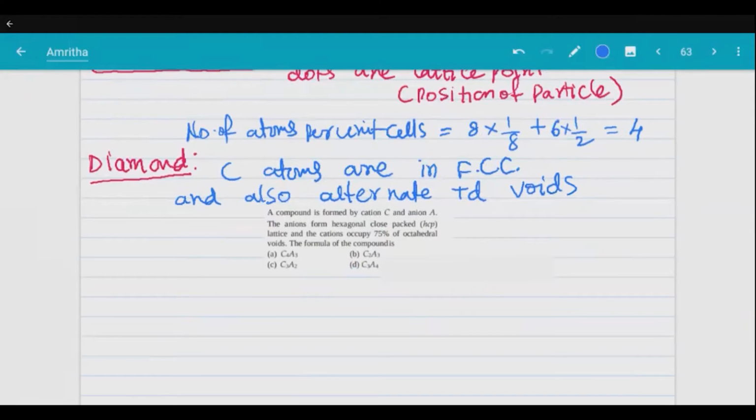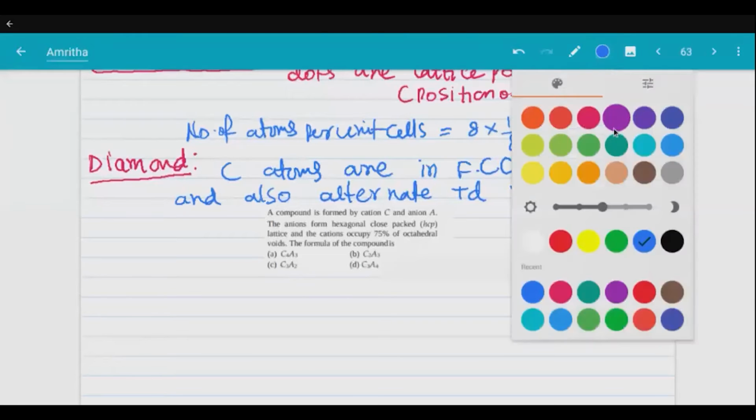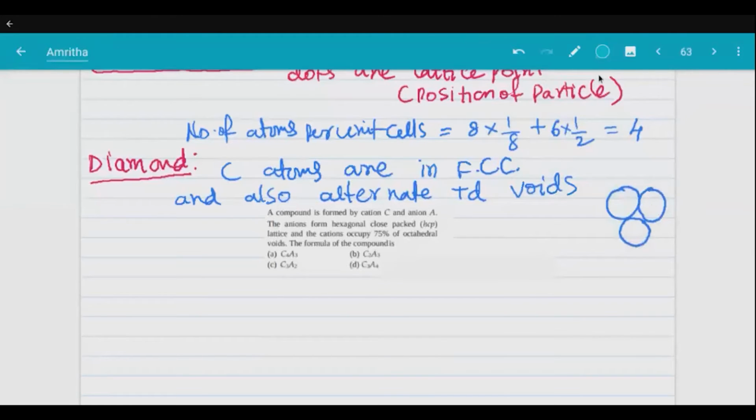For simple calculation purposes, see, if you place atoms like this, these 3 atoms I placed, circles, rigid spheres, and one atom I'm placing above this. Now look at the space created between those 3 blue circles, they're actually spheres in 3D.